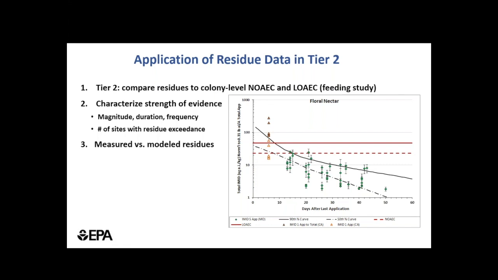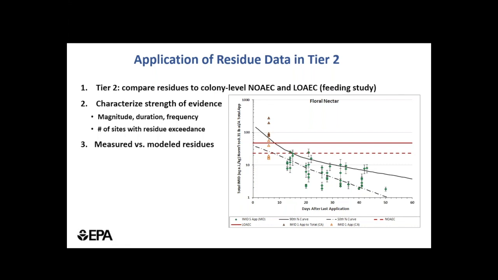And importantly, we can use these models to incorporate the variability that we see in the residues at any given time. And so this solid black line represents the 90th percentile estimate of residues in that decline curve over time. So 90% of the sites would have residue concentration below this. And the dashed line represents the median value, or the 50th percentile.